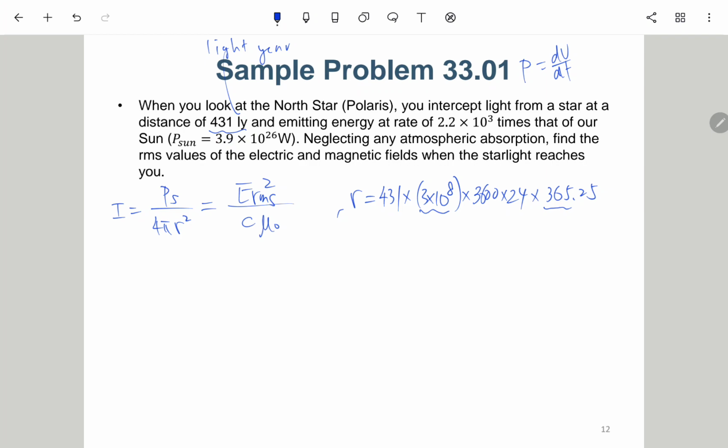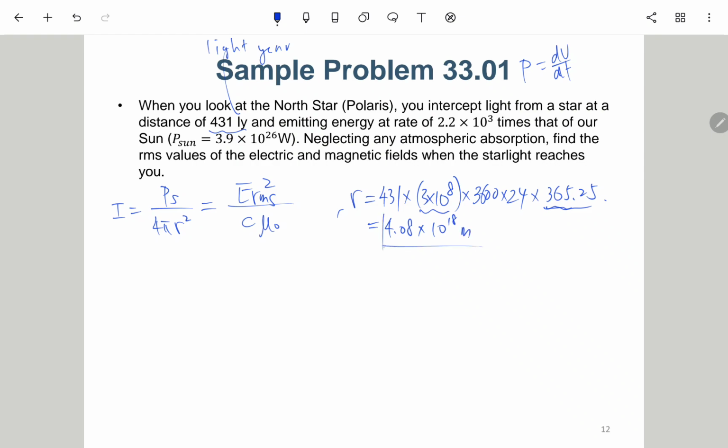Okay, actually a little bit smaller because for, let's say, 2000 years we don't have this leap year. Okay, if you still remember. But actually roughly 365.25. Okay, so this is actually 4.08 times 10 to the 18 power meter.